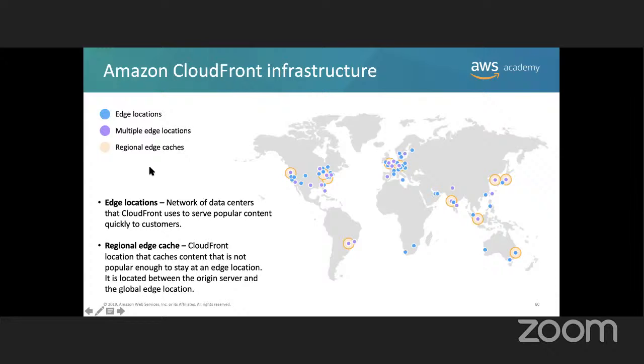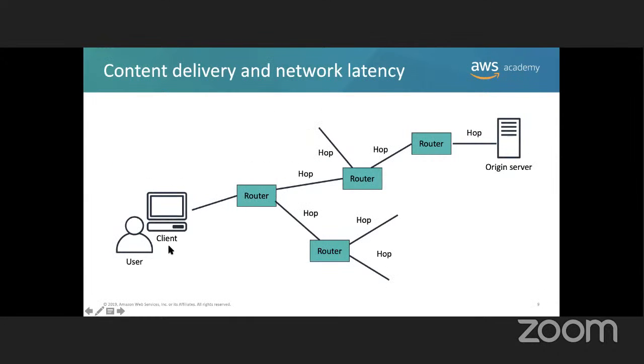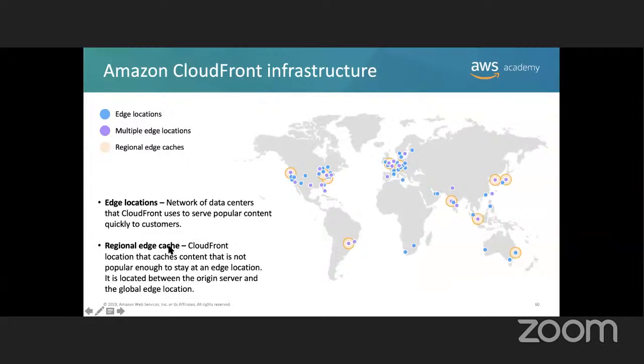So I already explained this. Edge location is for popular content. Regional edge caches is for content that is not popular anymore, right? And it puts it there just in case it needs it, right? So a regional cache has a larger cache than an individual edge location.